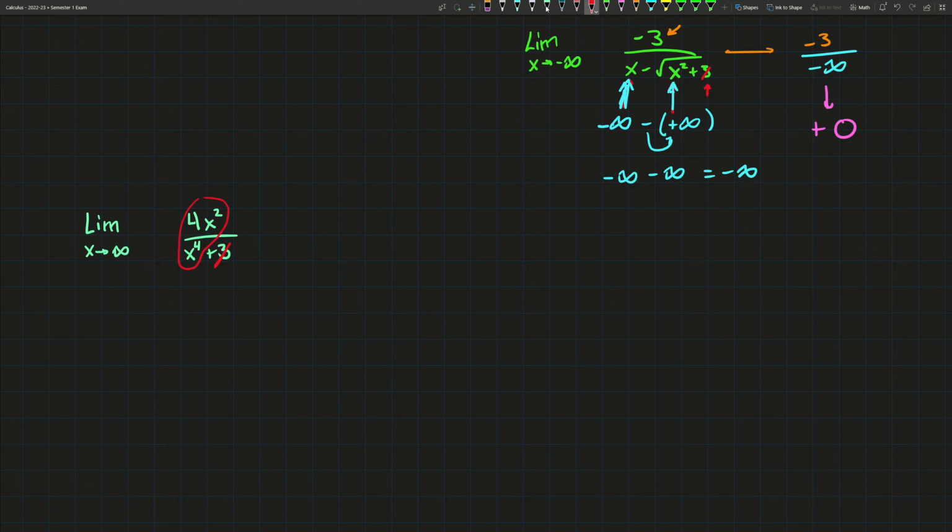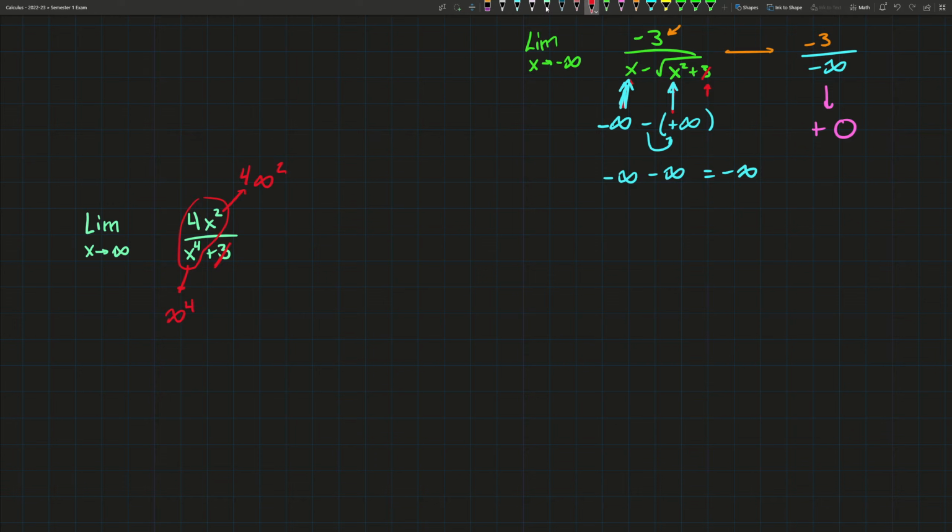What we need to look at is the degrees of both, because that tells us how fast the top and the bottom are growing. On top, we're taking infinity and squaring it. On the bottom, we're taking infinity and raising it to the power of 4.